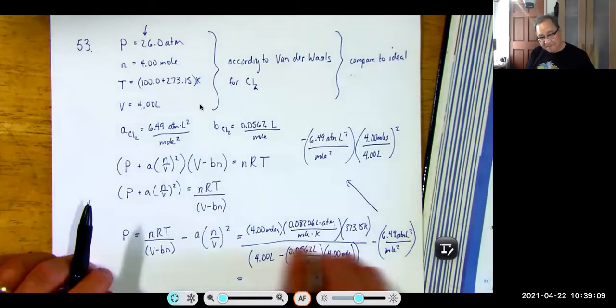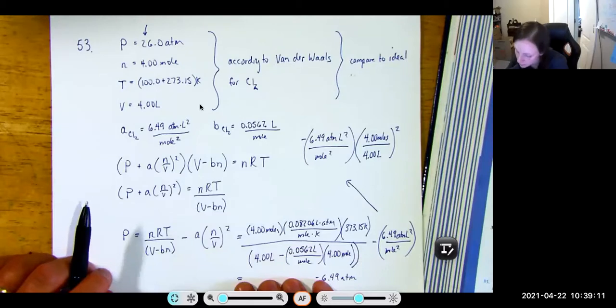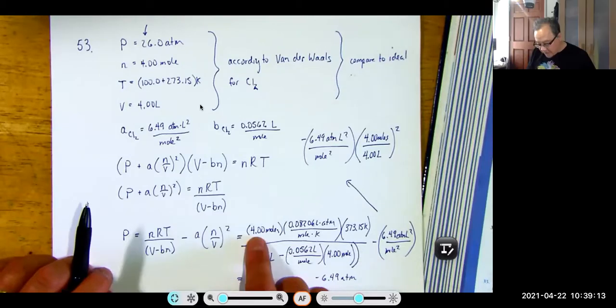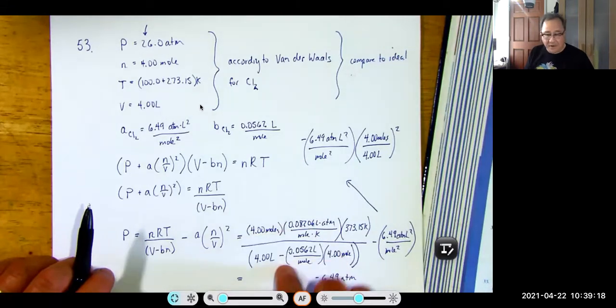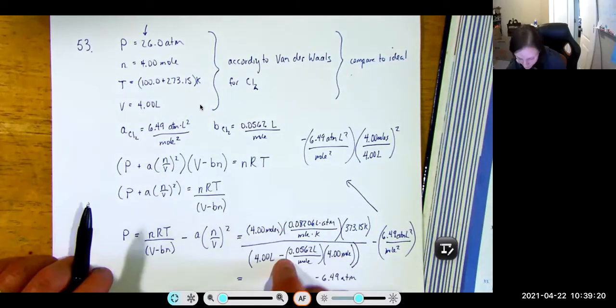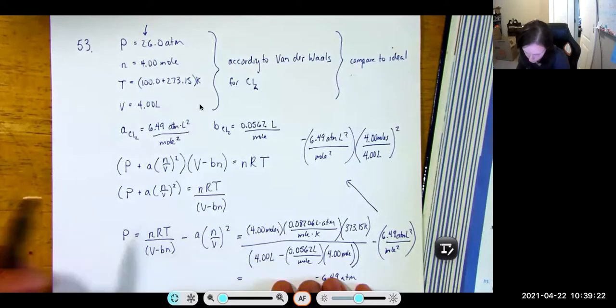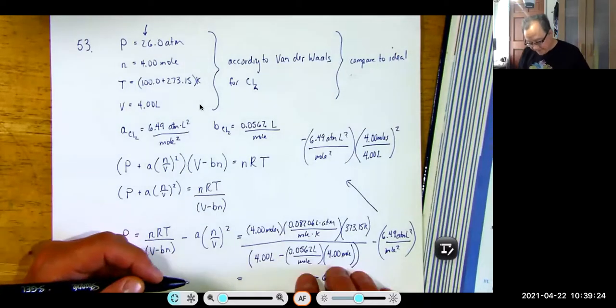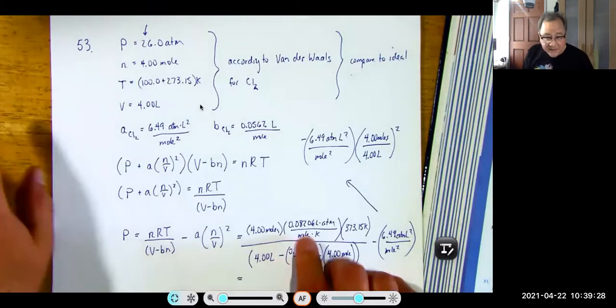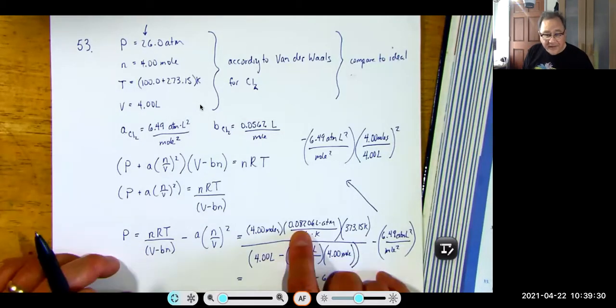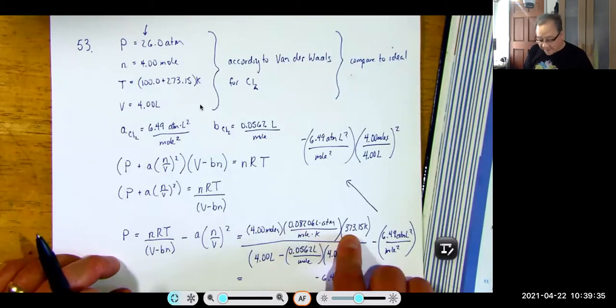Are you with me? Mm-hmm. Now on top we have 4 times all of this, and then divided by 4. What's 4 divided by 4? 1. Okay, so basically we have 0.082 times 373. And the way we can do this is 1/10. 0.08 is 1/10. 1/10 of 37.3 is 37.